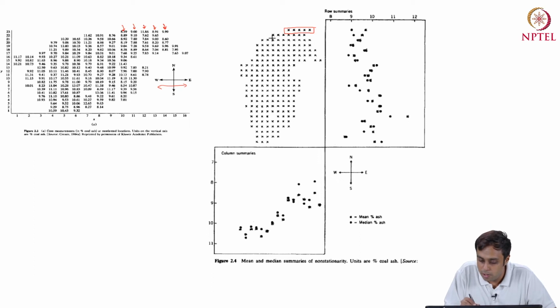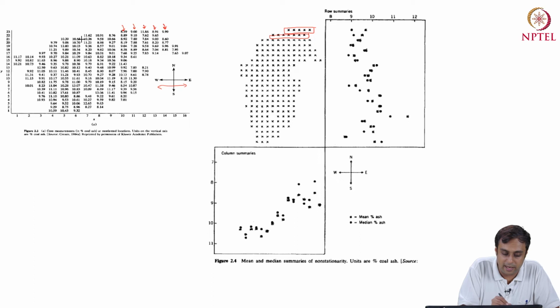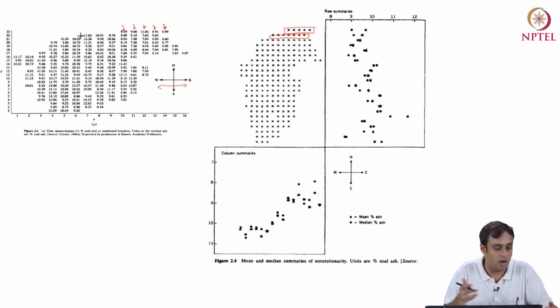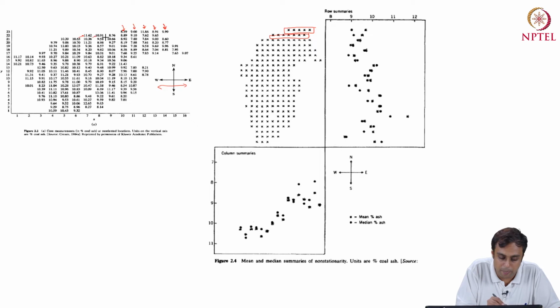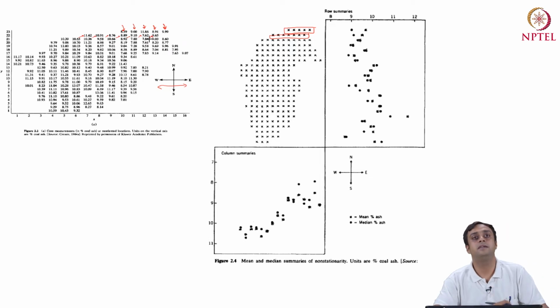The second row has 7 crosses, representing the 7 coal ash percent values in the second row of the data set layout: 11.62, 10.91, 8.76, 8.89, 9.10, 7.62 and 9.65.